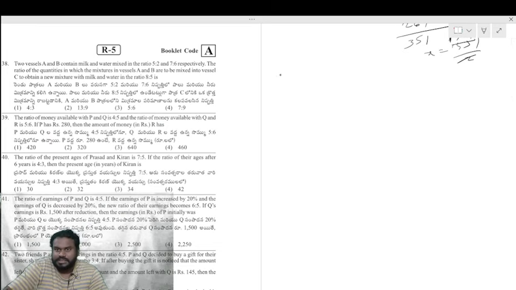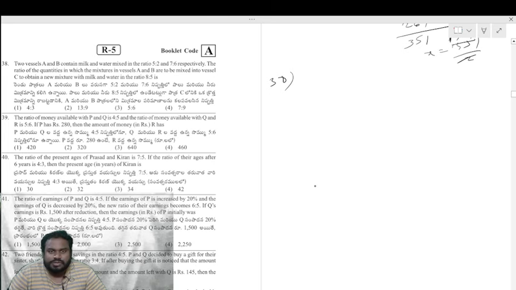Next, 38. Two vessels A and B contain milk and water mixed in the ratio 5:2 and 4:6. So clearly, in what ratio should the mixtures in the vessels be mixed into vessel C to obtain a new mixture with milk and water in the ratio 8:5?